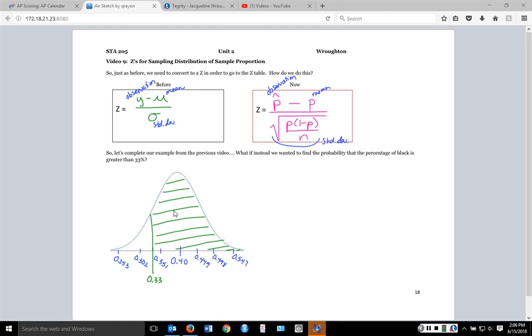Our thing that's new here is we're actually going to calculate our z. And this is our formula. So our p hat is our sample proportion. That's this 33%, or in decimal form, the 0.33. Our p that we had was 40%, or it's the number that's in the center of our graph. And finally, our standard deviation was how big this increment was.